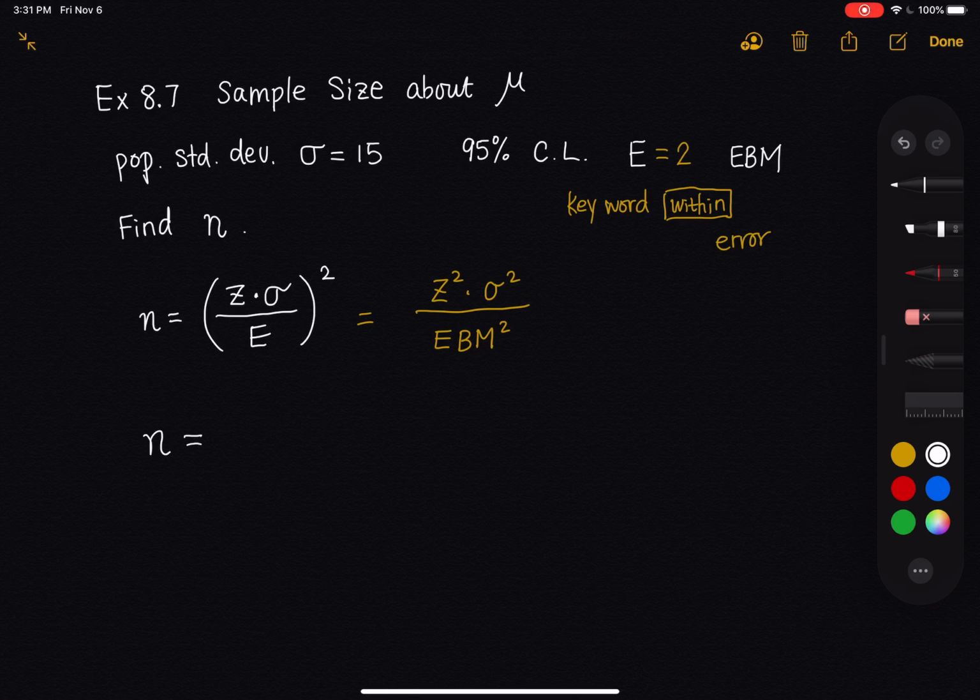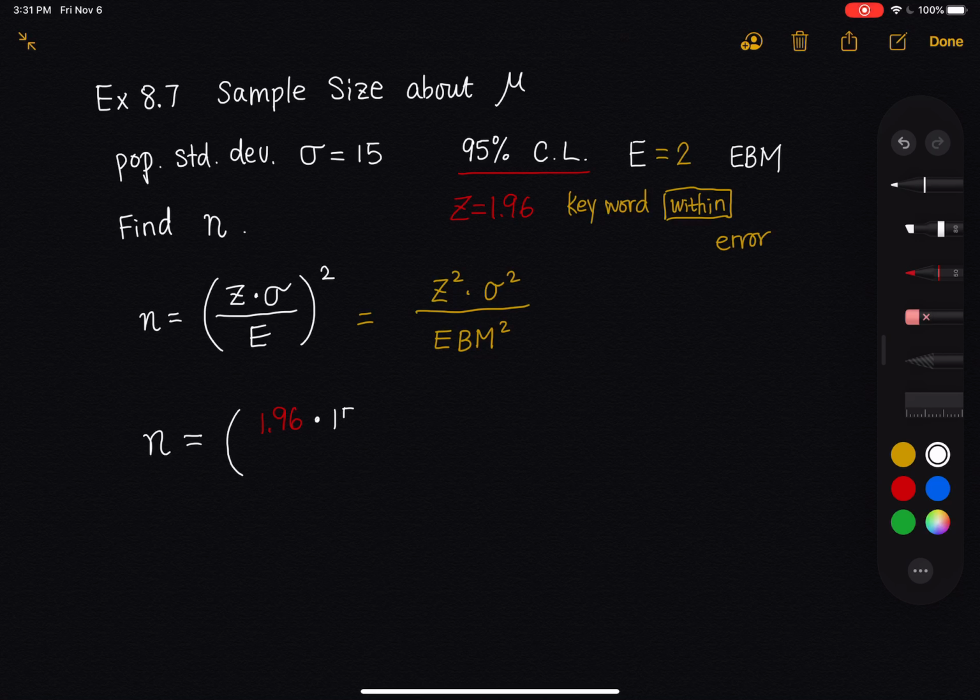So N equals. Now because we want a 95% confidence level, and a 95% confidence level always associates with a Z-score of 1.96, you will plug in 1.96 for the Z-score, and then you do a multiplication. Sigma, what is sigma?